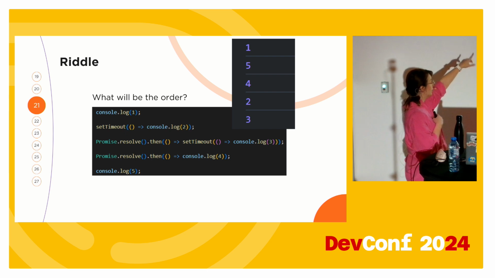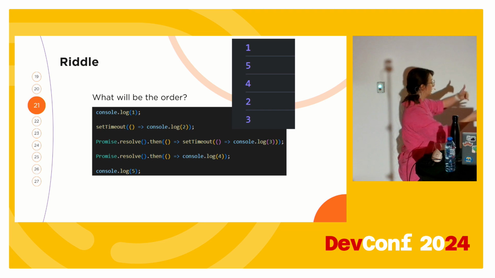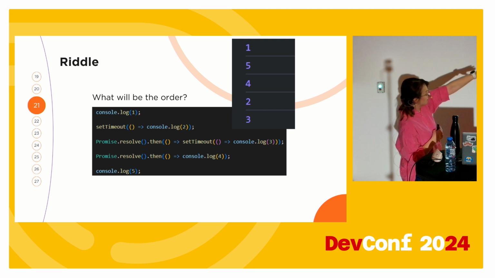Okay, we have here a console log and a second console log, and they are just synchronous. So we have 1 and 5. Next, we have setTimeout, and setTimeout is creating a new task. So it's almost the last one.